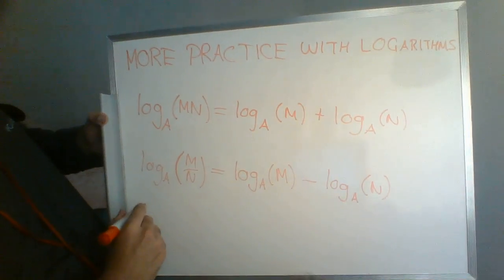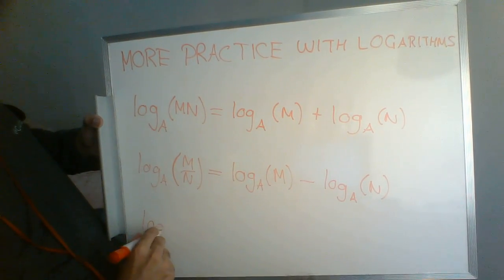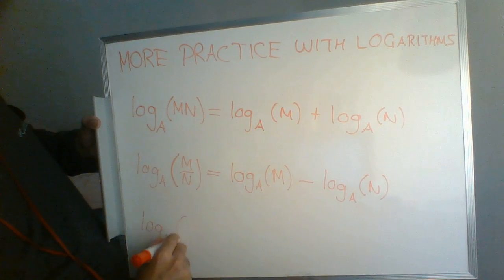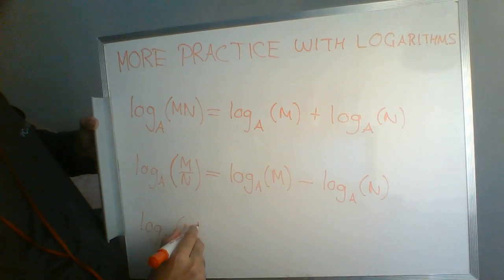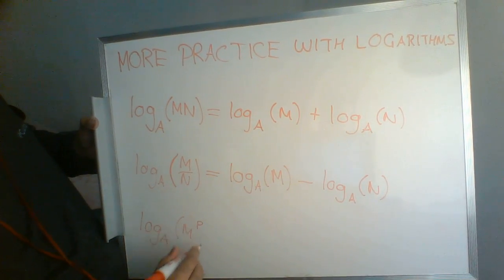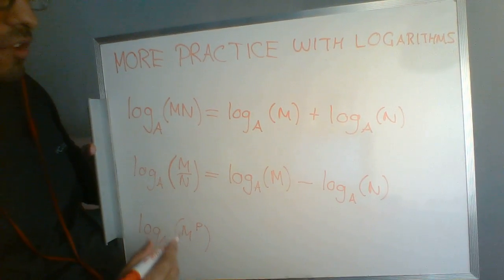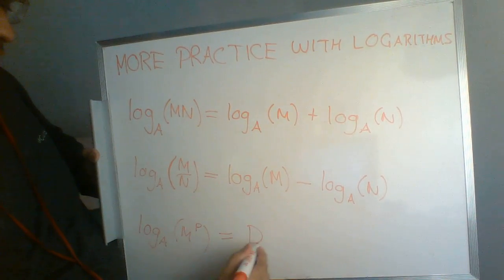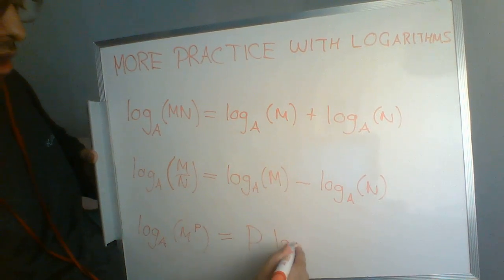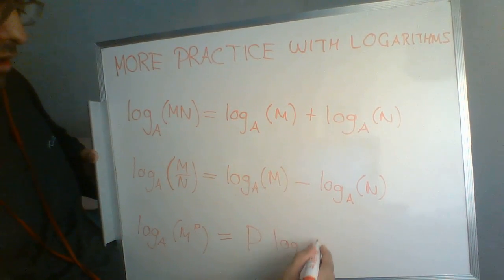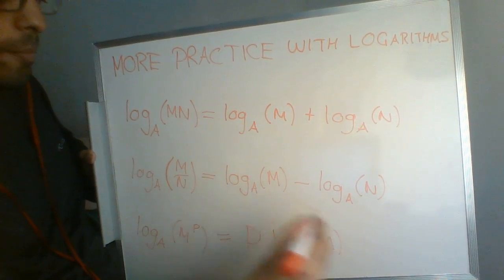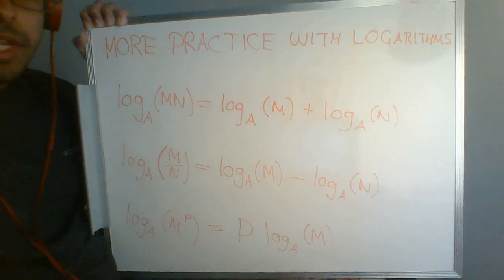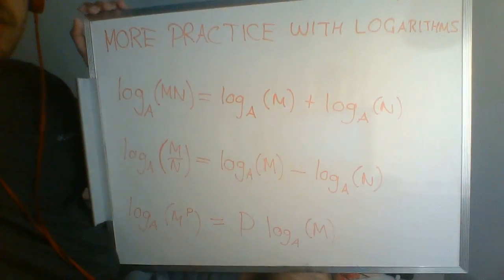And the third one is log base a of m to the exponent p, which is the same thing as p times log base a of m.